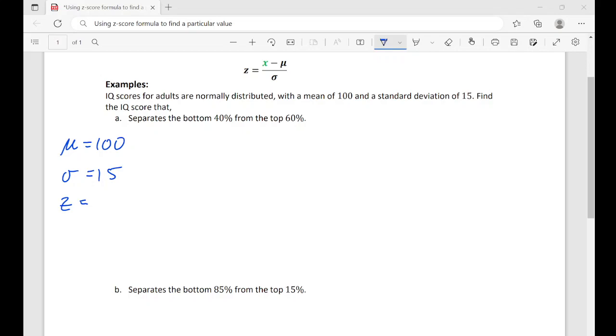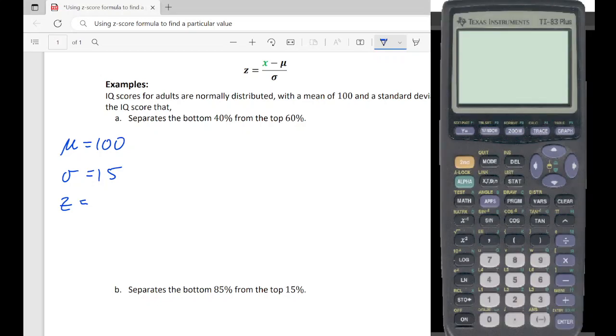To do that, we can use a chart or a calculator. In this case, I'm going to use a calculator to help me along. We're going to use second VARS, inverse norm, because given a percentage or an area, inverse norm will give us the z-score.